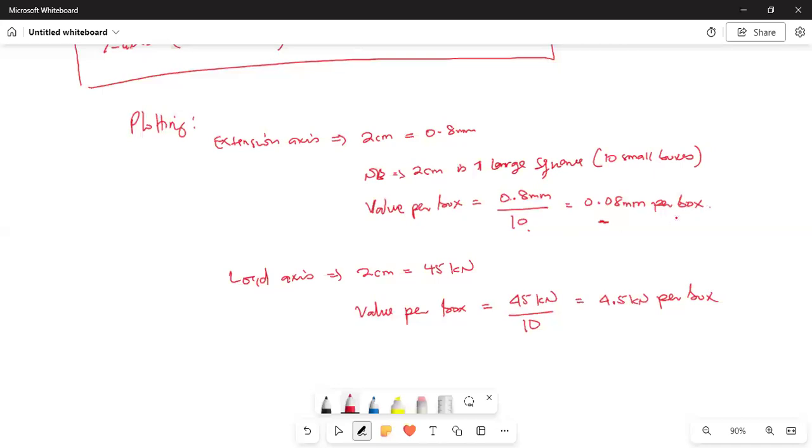So here, in simple terms, one small box is equal to 0.08 millimeters, and one small box is equal to 4.5 kilonewton. Let us take note of this.